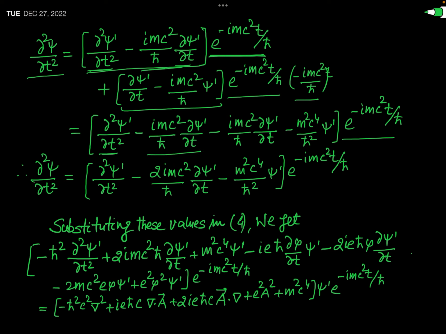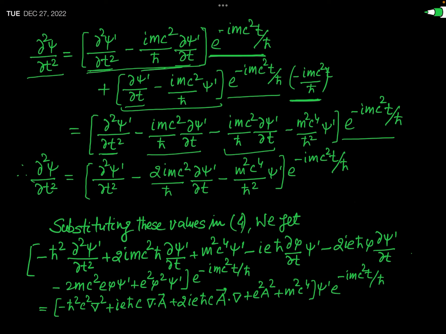You can see, and now this ∂ψ'/∂t times this much, minus imc²/ħ. So this will be minus imc²/ħ ∂ψ'/∂t. And this term, minus imc²/ħ times ψ' times minus imc²/ħ.